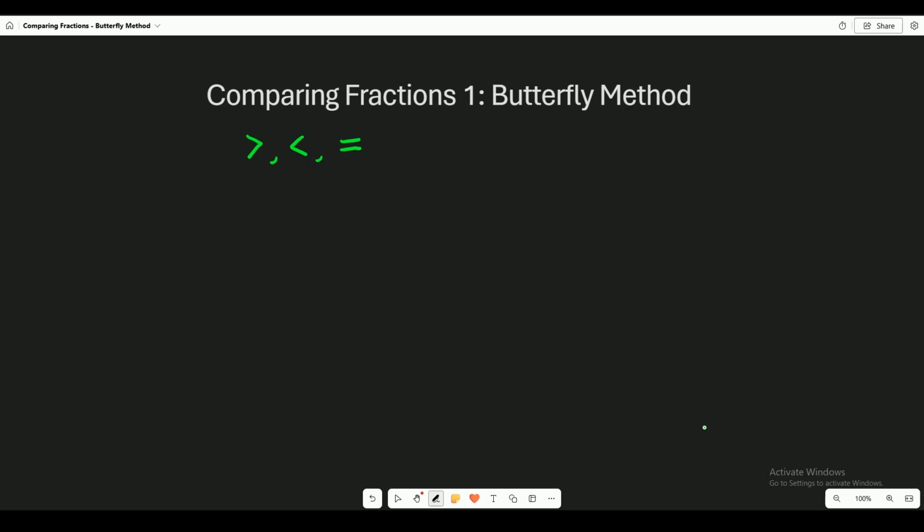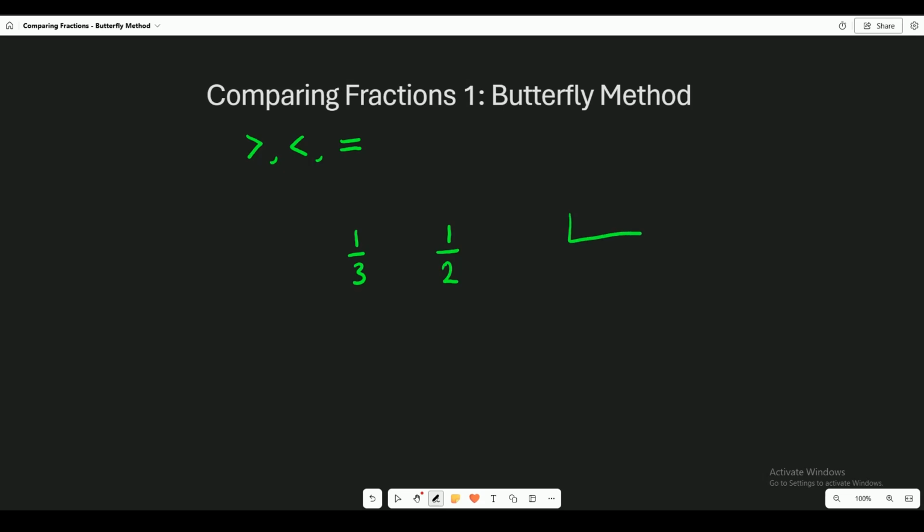These are the symbols we're going to use to compare fractions in this exercise. I have this set of fractions: the first fraction is 1/3, and another fraction is 1/2. At first glance, if you're familiar with fractions, you'll know that 1/2 is greater than 1/3.